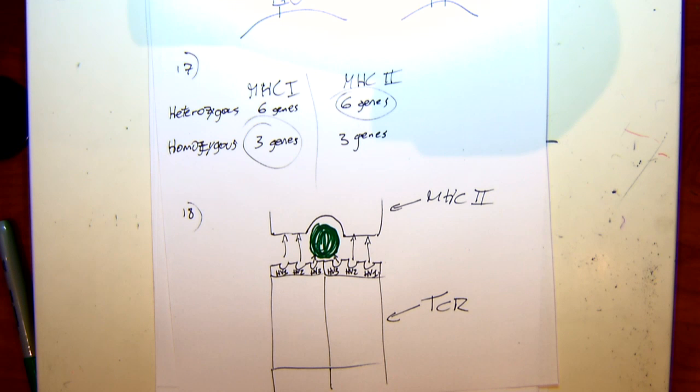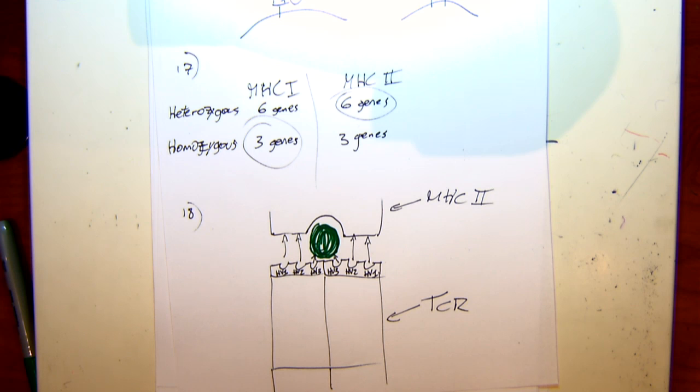Anyone? I'm sorry? E, right? Yeah, so he has bare lymphocyte syndrome, and you won't be able to load your MHC1 molecules because remember that your TAP proteins are those two proteins that form sort of a canal between the cytosol and your endoplasmic reticulum, and will carry the peptides from the cytosol to the MHC1.